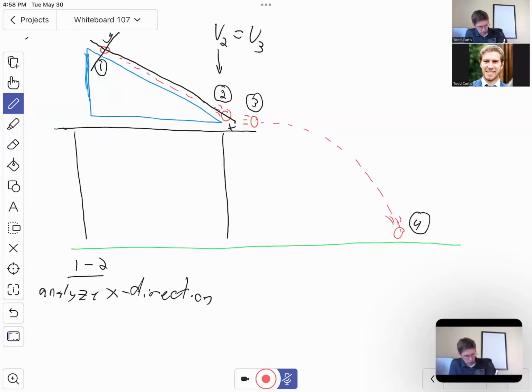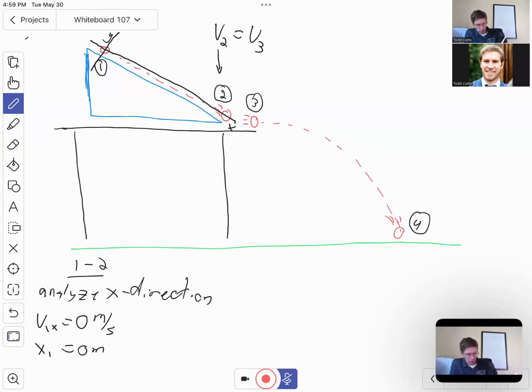So what that means then is our V1 is our V1 in the x direction, and that's the initial velocity it starts with, which will be 0 meters per second because we're starting from rest. And based on my axes, our x initial, our starting position, or really maybe I should say x at point 1, if I use subscripts that correspond to my numbers up there, that's going to be 0 meters.